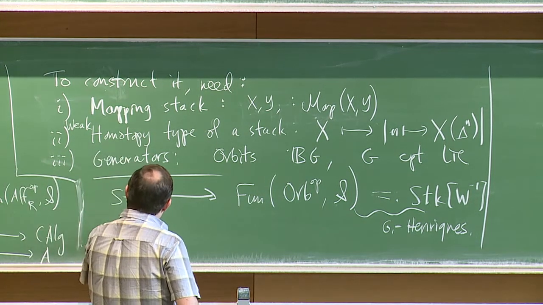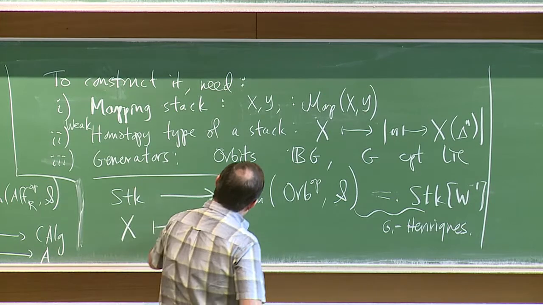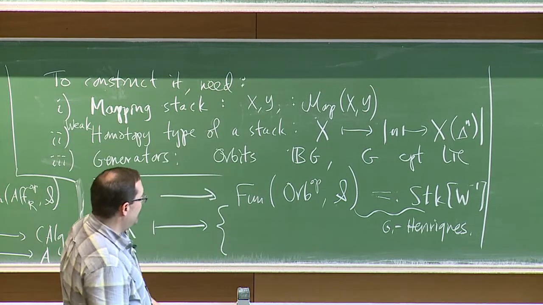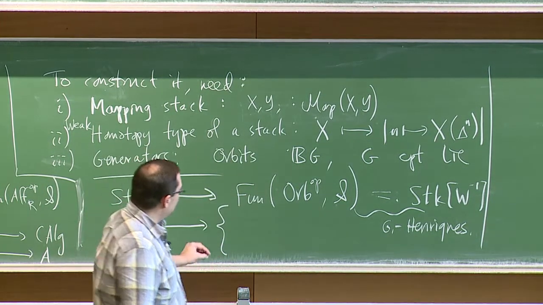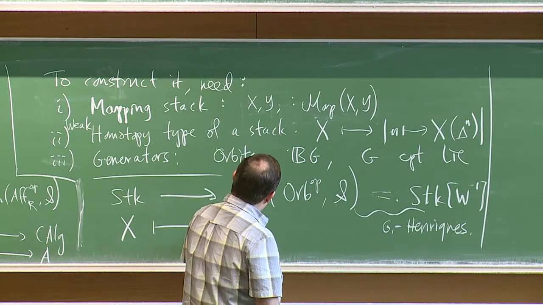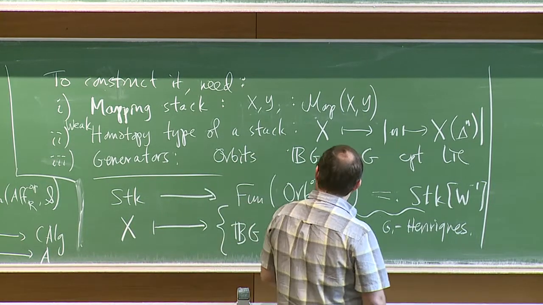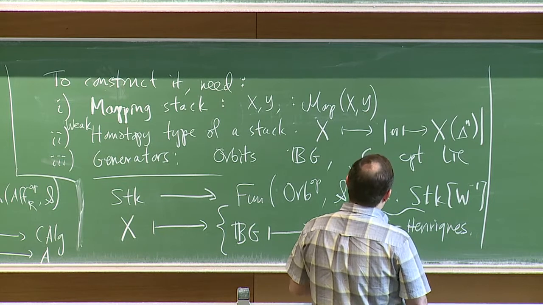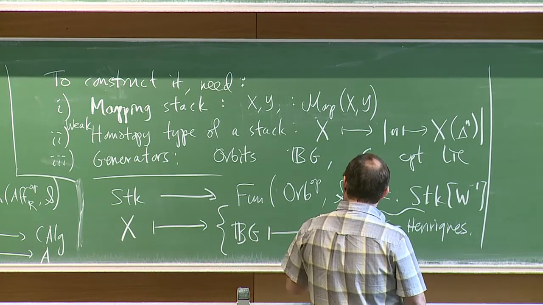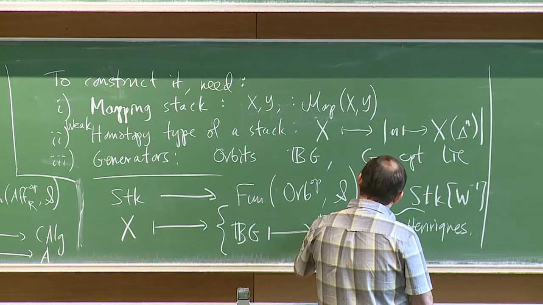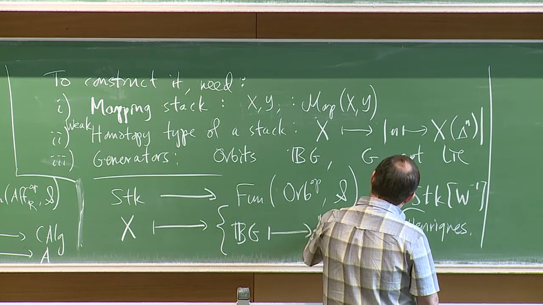But it just is given by the simple formula. X is going to be sent to, well, I'm going to take my orbit stack, which is BG, and send it to the space of stack maps. In other words, the homotopy type of the mapping stack, x to the BG.